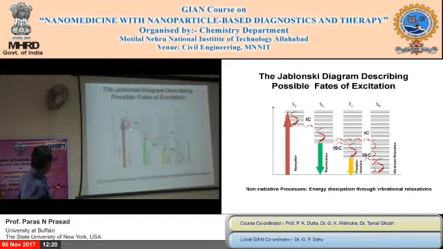But what happens is the molecules very rapidly get rid of vibrational excess energy by what is called vibrational relaxation and come back to the bottom of the electronic level. Okay, and this vibrational relaxation is in sub-picosecond to picosecond, very fast. Okay, and that energy is converted into heat, but a small amount of heat. Now here there are choices.